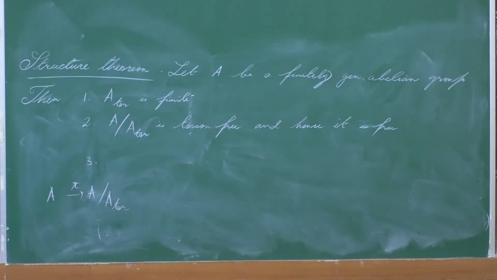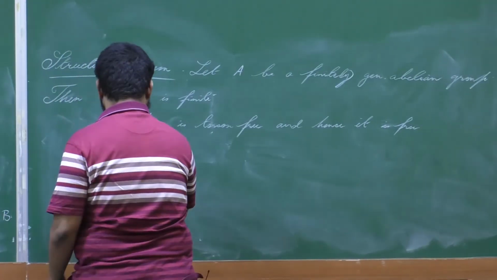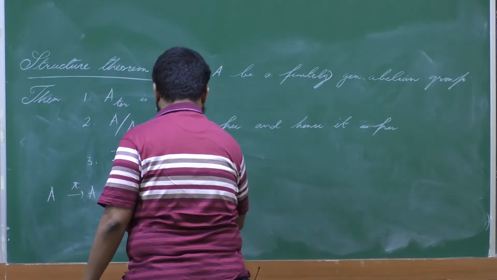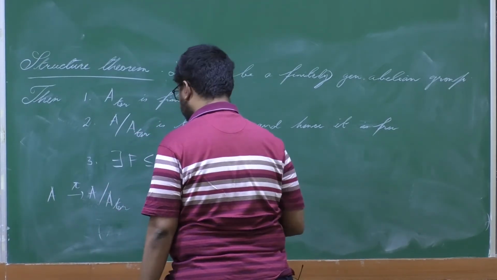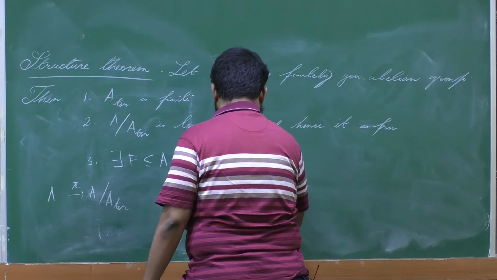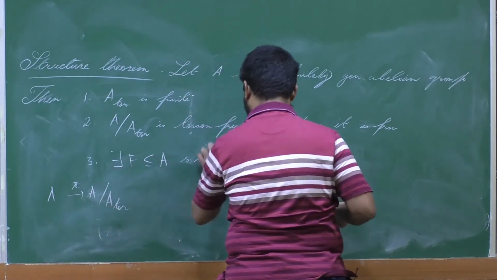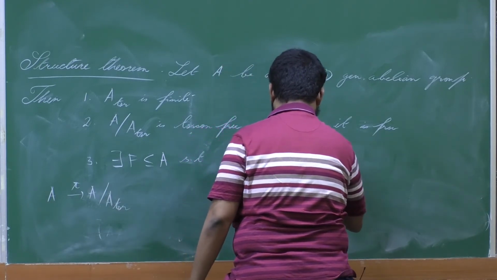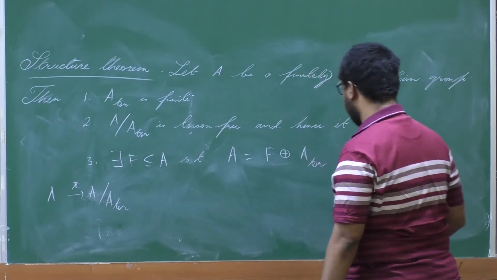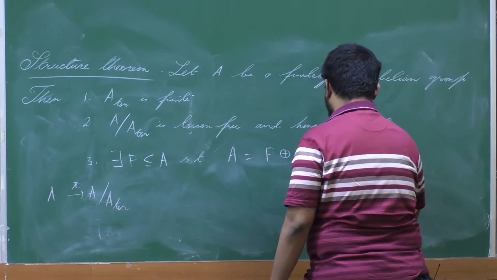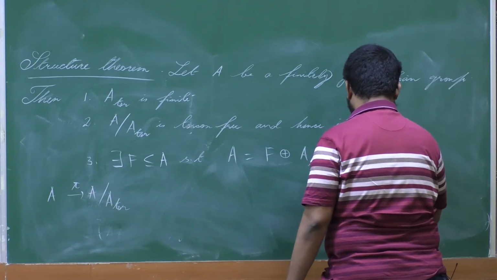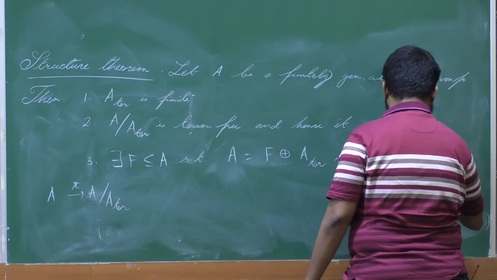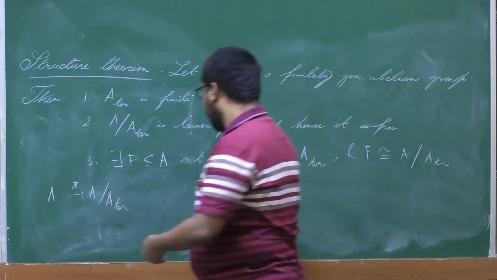So with the help of a previous proposition we can say that there exists F, a subgroup of A, such that A equals F plus A tor, and F is isomorphic to A modulo A tor. In particular, F is free.